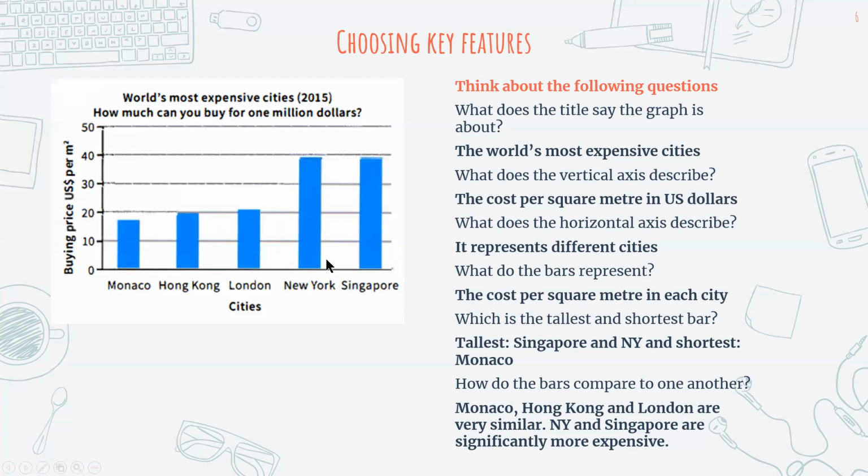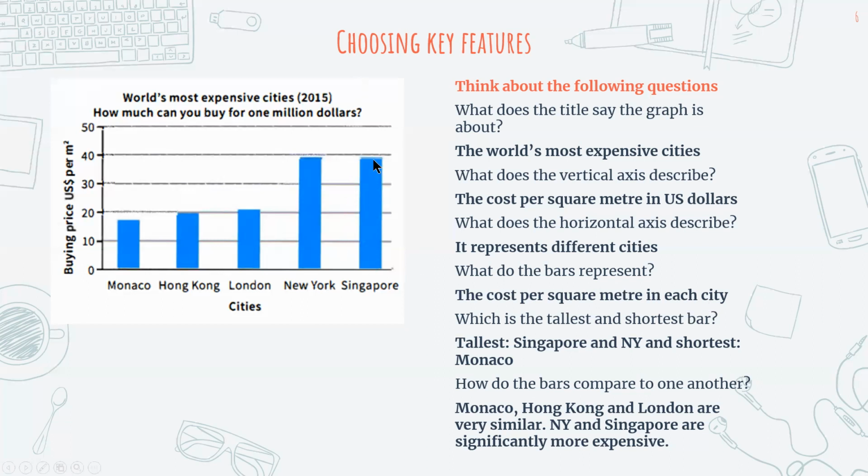Okay, so now I started to get an idea of what I'm going to write about. I need to report what changed dramatically, and maybe something else. We are going to talk about that soon. So let's continue with our questions. What do the bars represent? They are vertical on the vertical axis, so they represent the cost per square meter in each city.